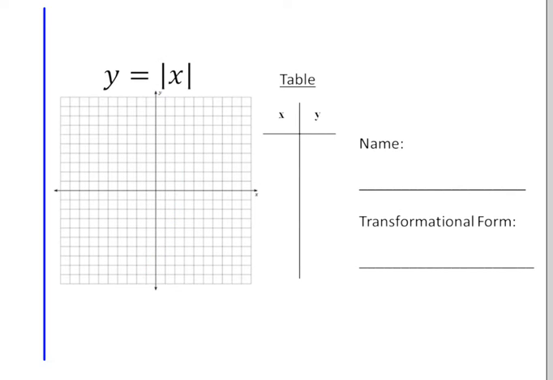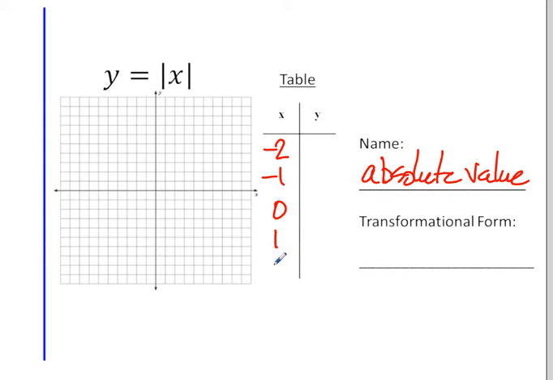Our second mother function is y equals absolute value of x. So the name of this mother function is absolute value. And we're going to use the same list of x's as we did before. So -2 plugged in, the absolute value of -2 is a +2.